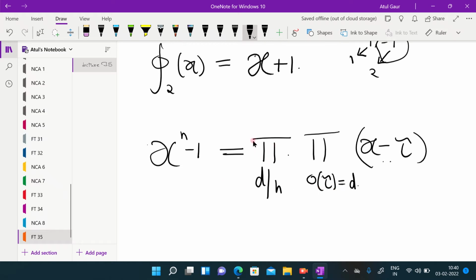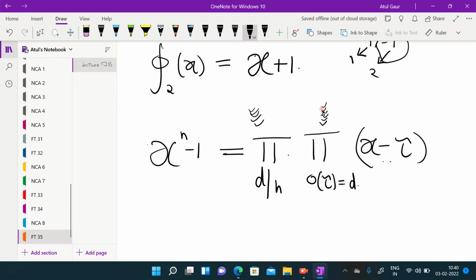So the first product is running over all the positive divisors of n. The second product, once you have a divisor d, is running over all the elements in the field under consideration whose multiplicative order is d.